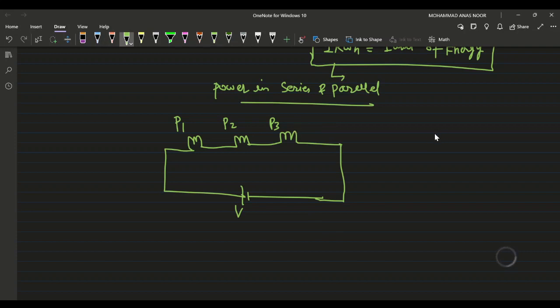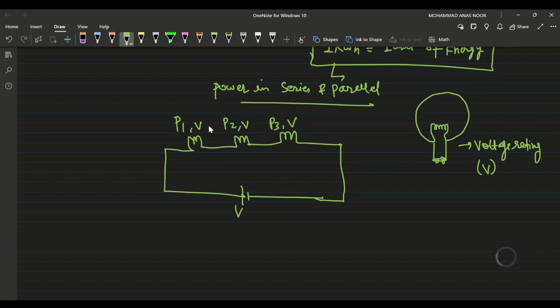When you find a bulb, this is the bulb, this is the filament, these are the two terminals. Now on the package you would find the voltage rating of the bulb, that is given in volts. So let's say the voltage rating of this bulb is V volt, and the same bulb we are using, so each one of them has a rating of V volt. Most generally it is 220 volts.